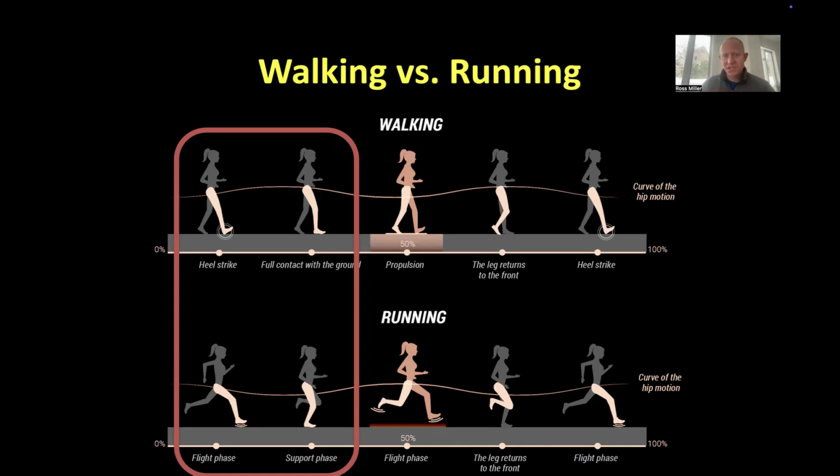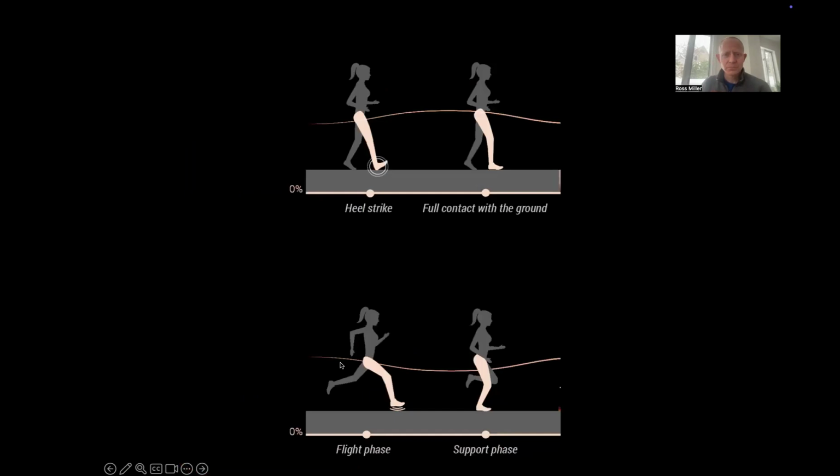But there are differences in these two main modes of locomotion in the sequence of motion of the center of mass that results from that ground contact. Walking, up and then down; running, down and then up. And showing that more zoomed in, I touch the ground, walking on the top and running on the bottom. In walking, I immediately go up and then down. And in running, I go down and then up.